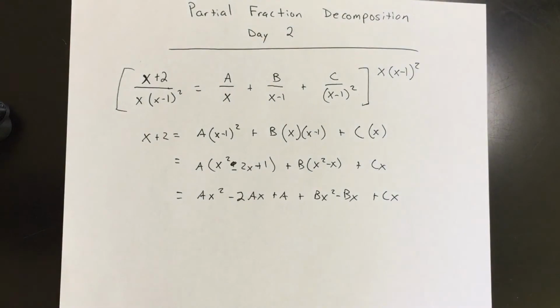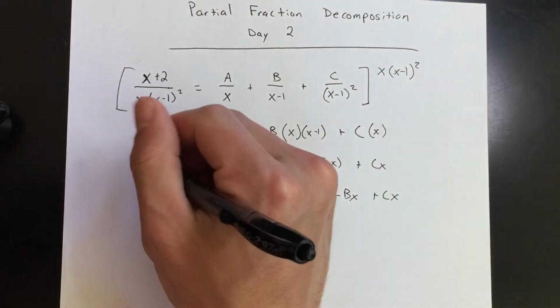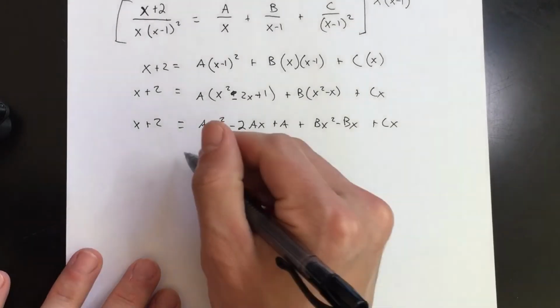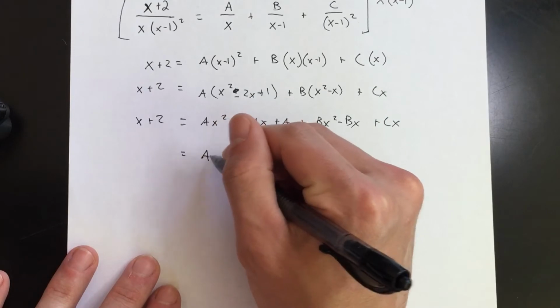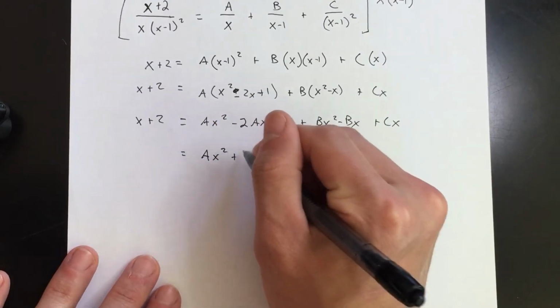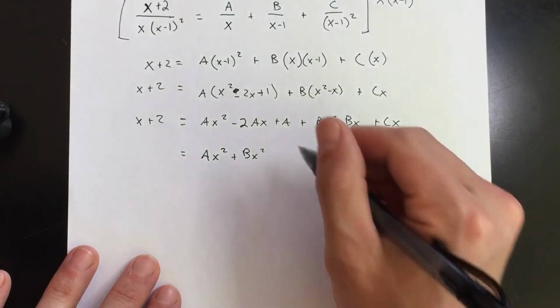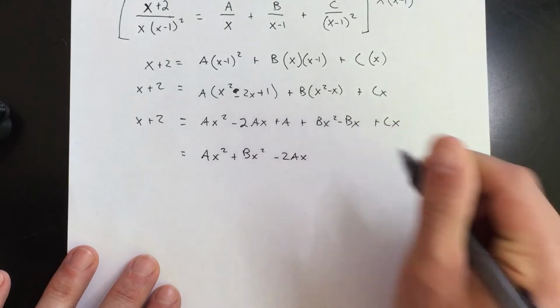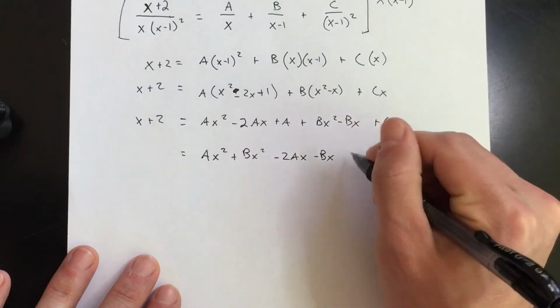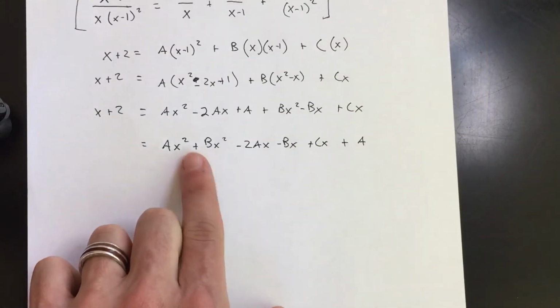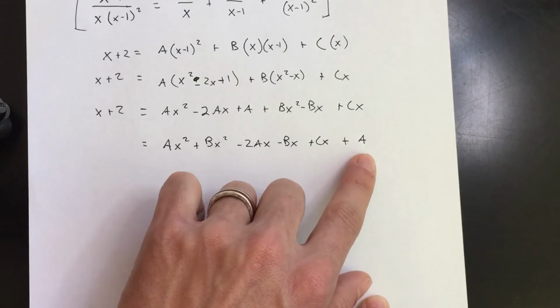Now, the key to writing a system of equations is to get all your x squared terms together, your x terms together, and your constants together. That way we can match them up to this left-hand side, which is always staying as x plus 2. So I'm going to rewrite this, and this is just the commutative property, so I'm just moving these terms around: Ax squared plus Bx squared minus 2Ax minus Bx plus Cx plus A. Notice we have our x squareds together, our x terms together, and our constant.